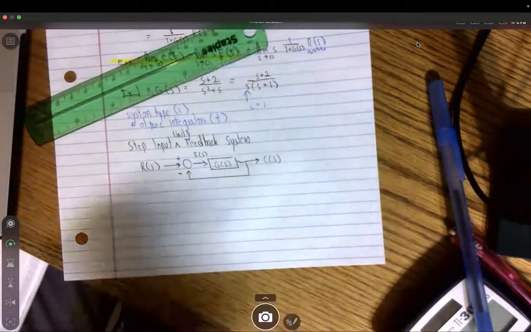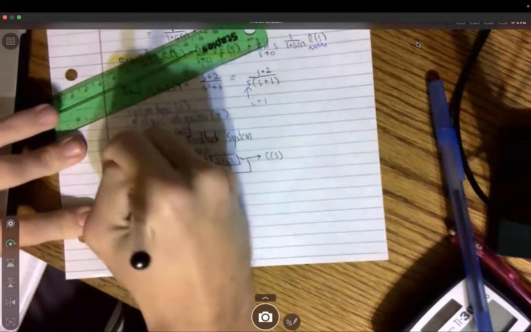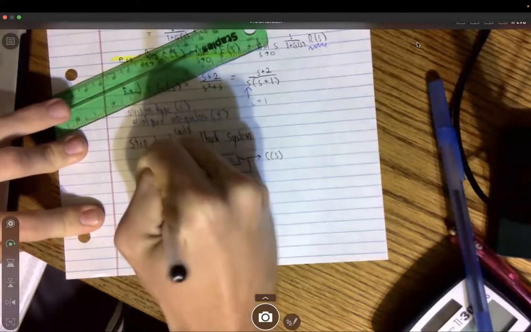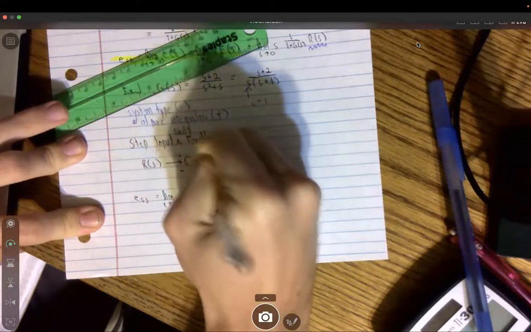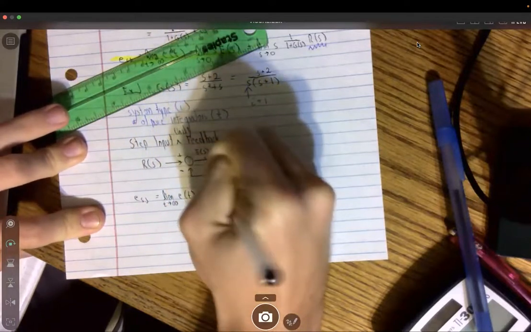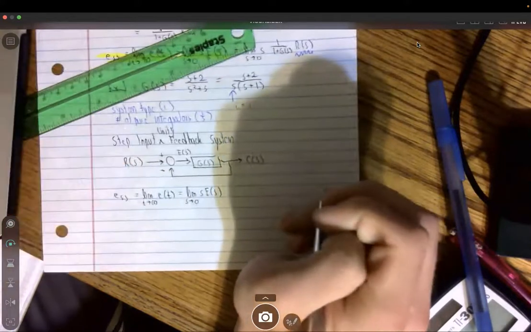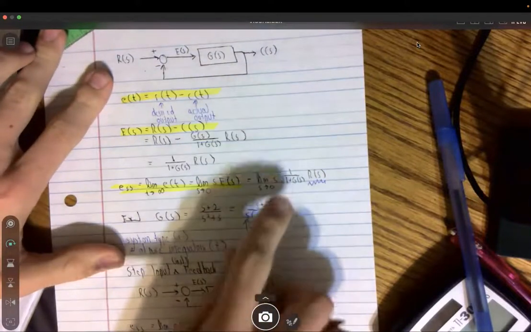And so for our steady state error, what you have to remember is that our steady state error is equal to the limit as t goes to infinity of E of t, which is equal to the limit as S goes to 0 of S times E of S. And remember we calculated from right up here what our E of S was.